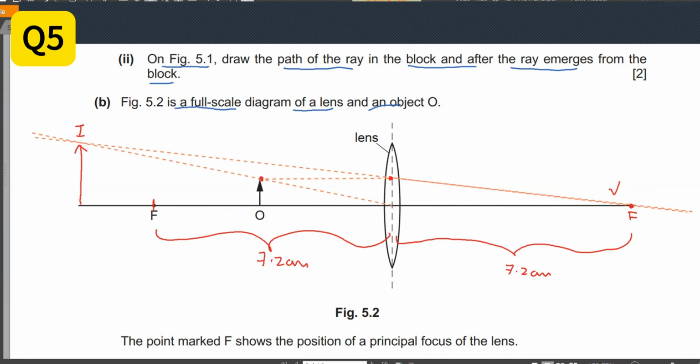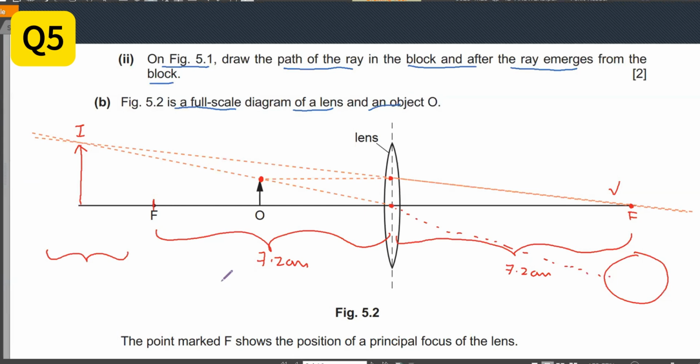Secondly, we draw another line from the top of the object to the middle of the lens. Then we can see that the two lines do not cross. Normally, if we get a real image, the lines cross on the other side of the lens. Since they do not cross, the image will be on the same side as the object.